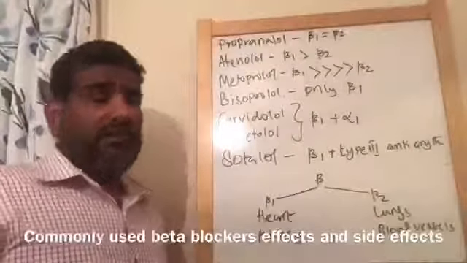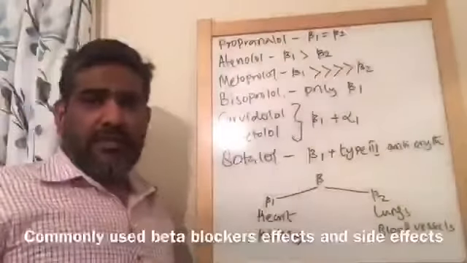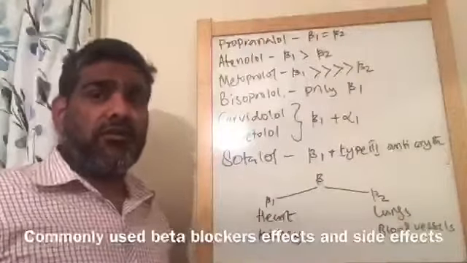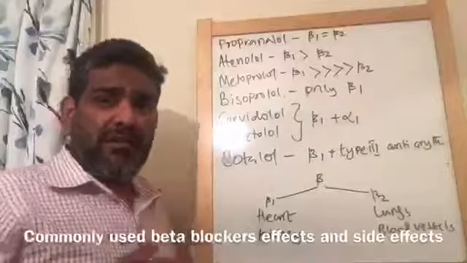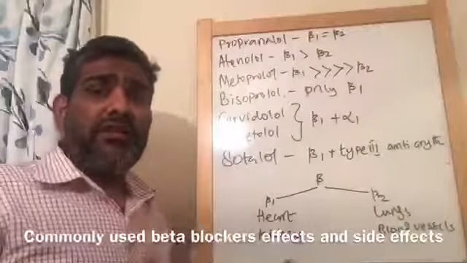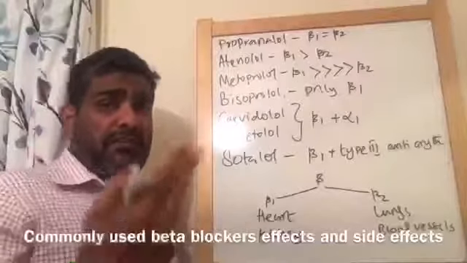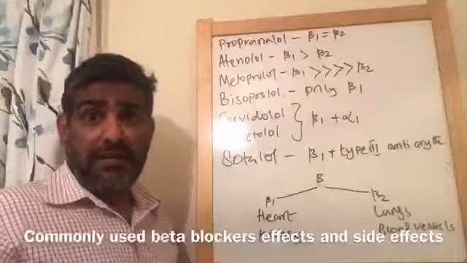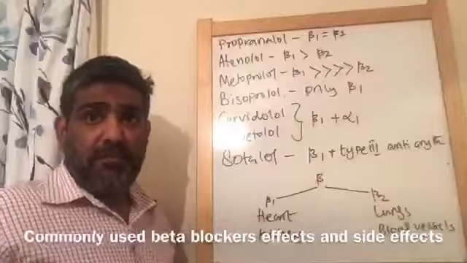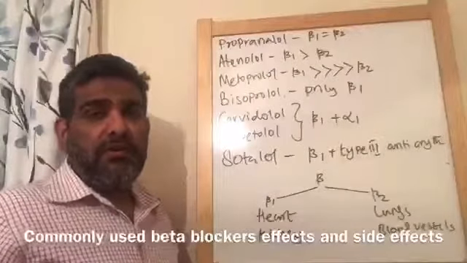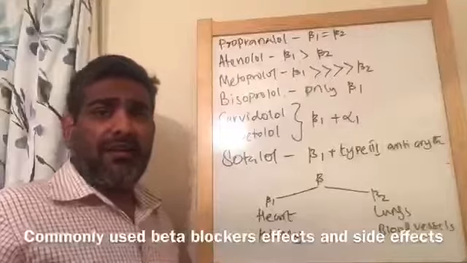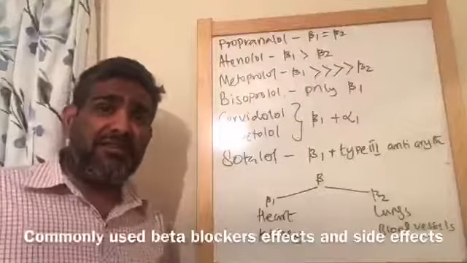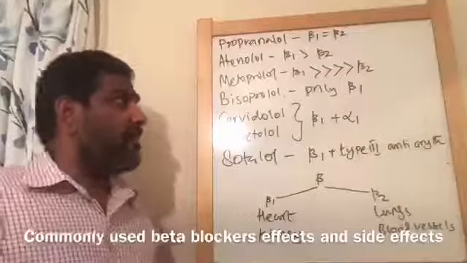One important thing is that metoprolol is very lipid soluble. Lipid soluble means it can cross the blood-brain barrier very fast, so it can reach the brain too. When it reaches the brain, it can produce psychological side effects like depression. A patient can develop depression, or if a patient already has a psychiatric background, the depression can become more severe.